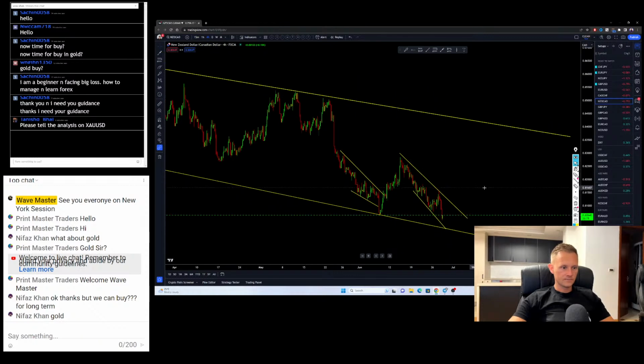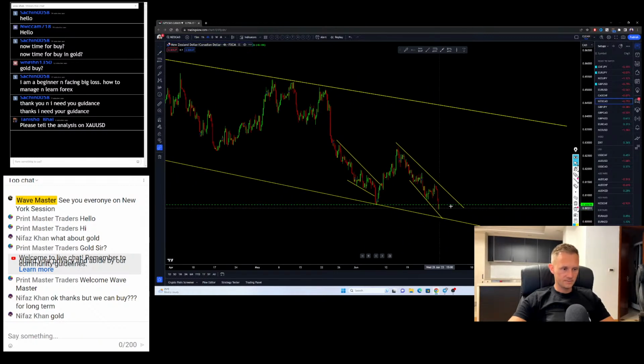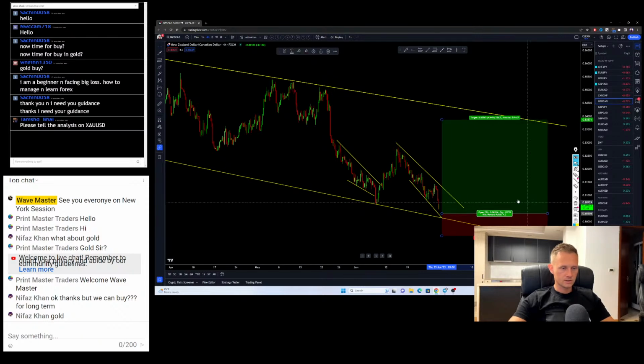New Zealand CAD, I will watch this to give me some good signs of reaction, signs of reversal, so probably some struggle over there, and then I will take the buy. It's a really good buy, and for me a very good risk to reward ratio. The risk to reward ratio that I'm aiming for is 1 to 4.